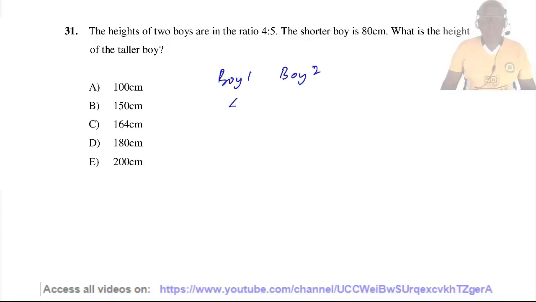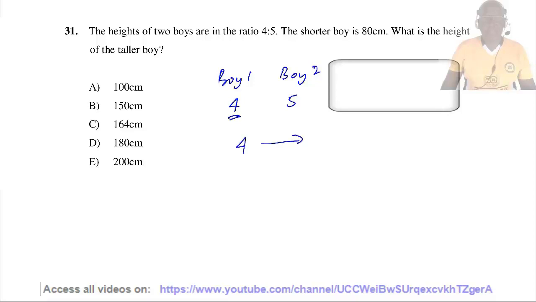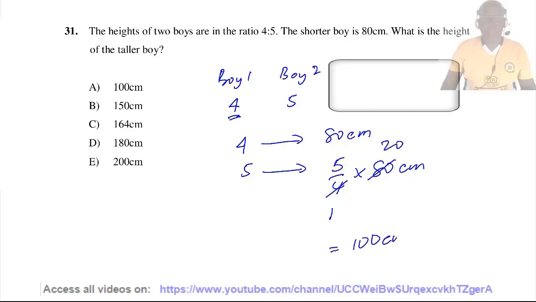Now, the shorter boy has a ratio of 4, so 4 corresponds with 80 centimeters. Therefore, 5 will give us more. If more, let's divide. So 5 divided by 4 times 80 centimeters. 4 goes into 4 once, 4 goes into 80 twenty times. So 100 centimeters. So the answer is A.